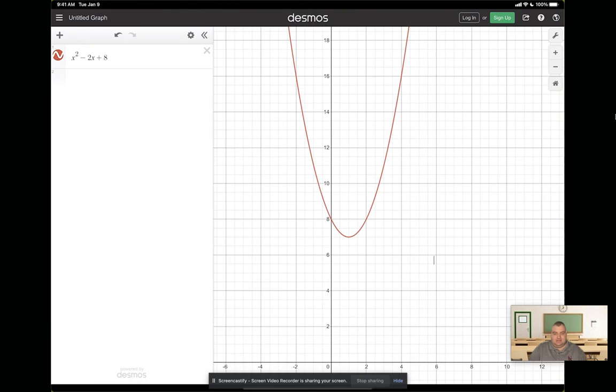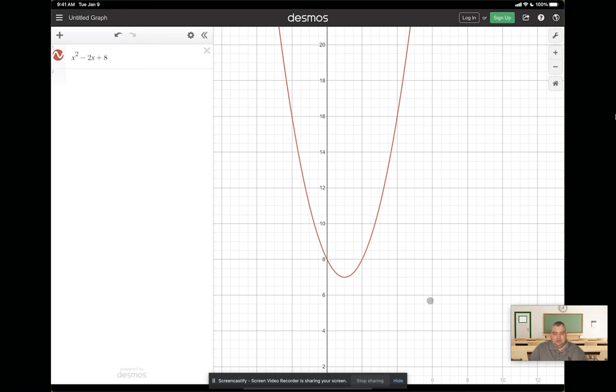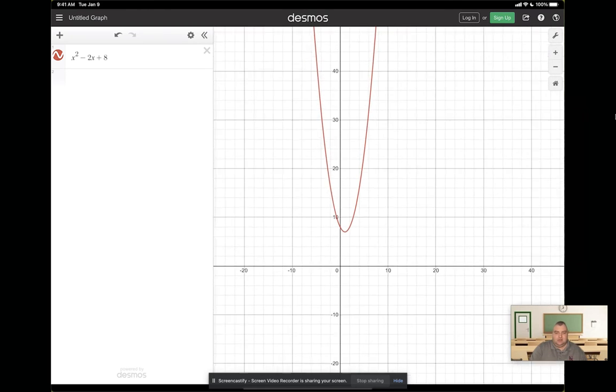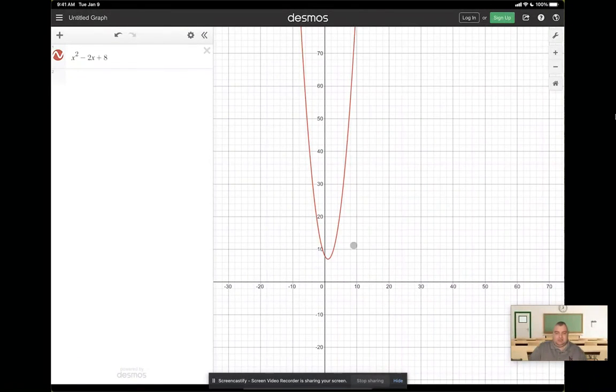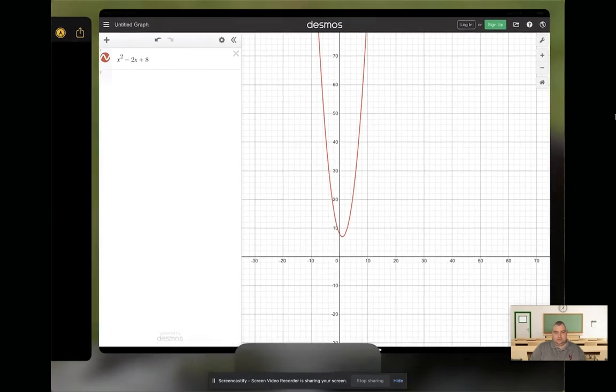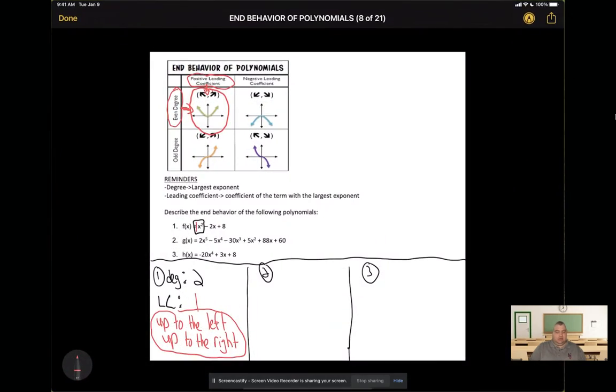If I take a look at the graph, as I zoom out, you can see it goes up to the left and up to the right. That is the end behavior. The end behavior does not tell me what happens in between. It tells me what happens on the ends. So it goes up to the left and up to the right. Okay, let's take a look at number 2.